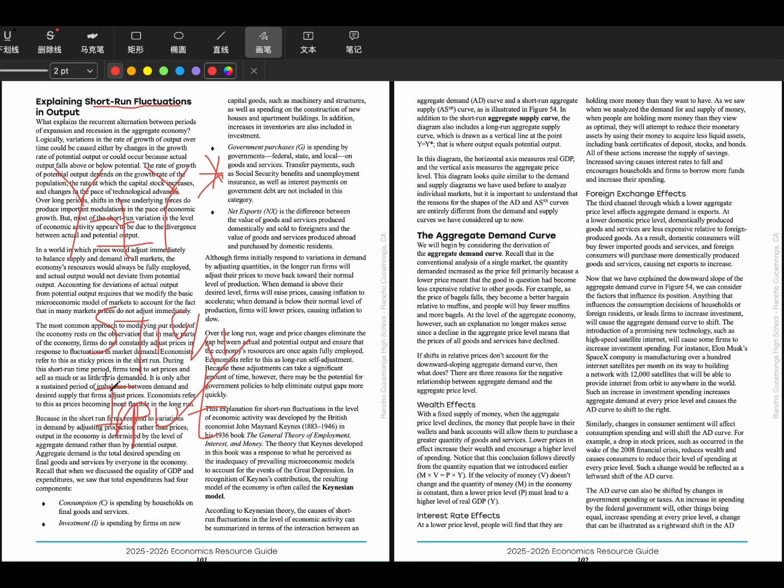So the input price is a problem: sticky input prices, sticky prices as a whole. In the short run, you can't adjust them. In the long run, you could adjust them, and eventually the supply would become normal and the output would become Y star. But in the short run, you can't do that.